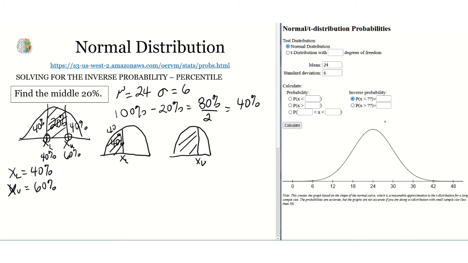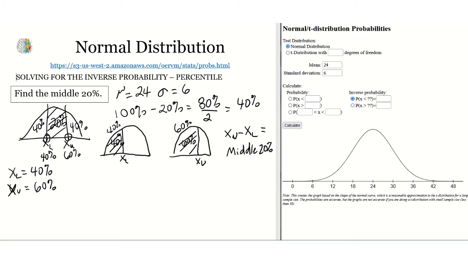So this is 40%, and this is 60%. I'm going to solve for those two, and then take the difference between the upper and the lower, which is going to give me my middle 20%. So this is what I'm solving for.